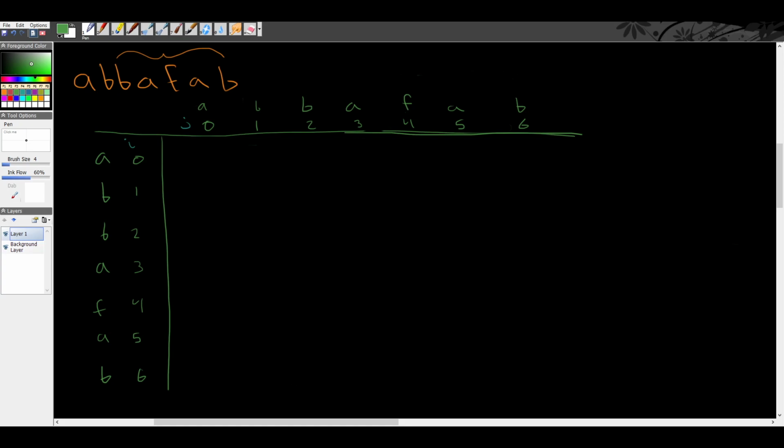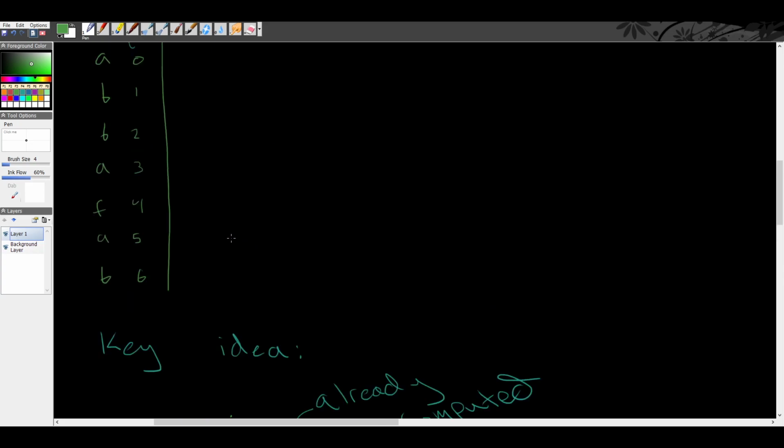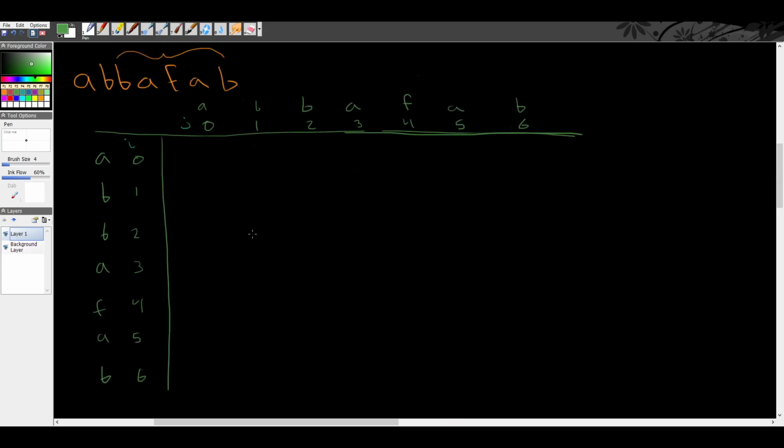So in our case, we want to know this area. And this is really some index i to some index j, a substring, right? This is a substring of our string. So for every substring i to j, we are going to compute, is i to j a palindrome?